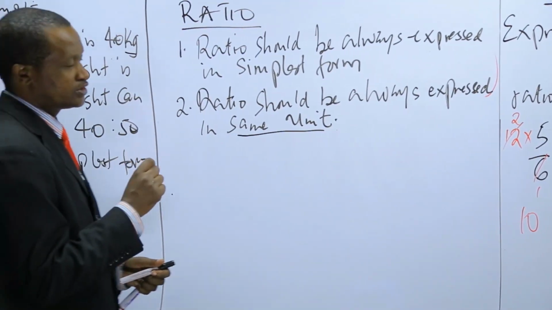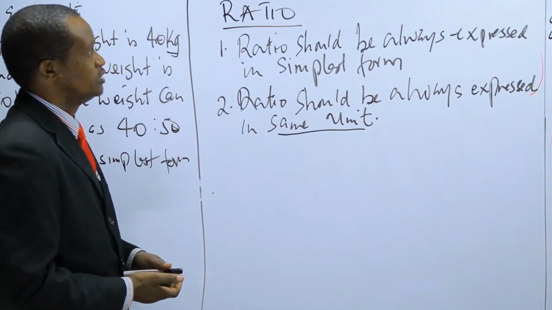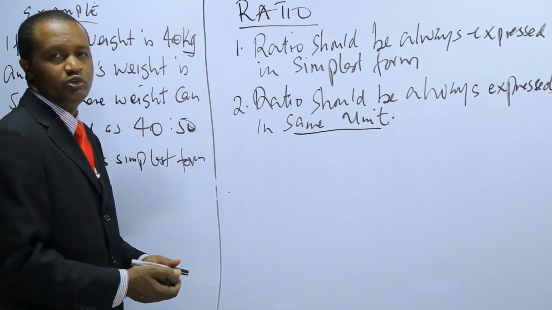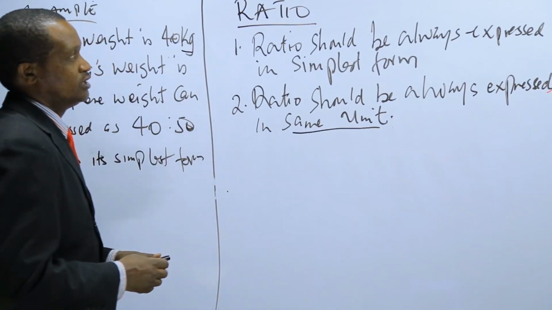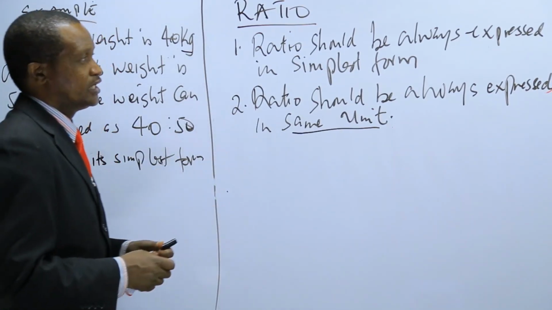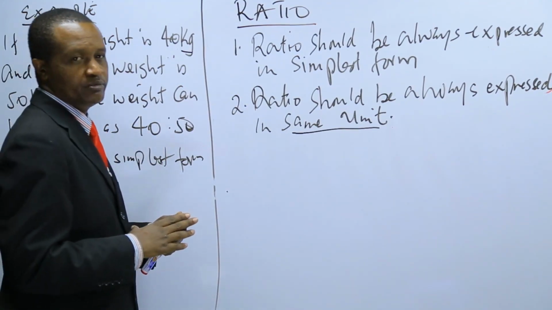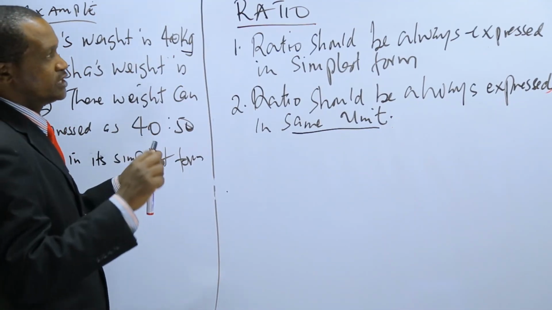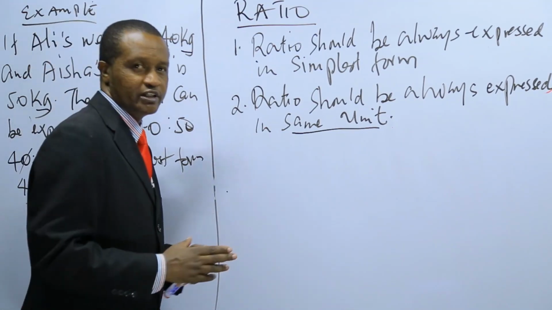This was our first lesson where we introduced ratio, and we defined ratio as a relationship between two or more quantities that expresses how bigger the quantities are from each other.